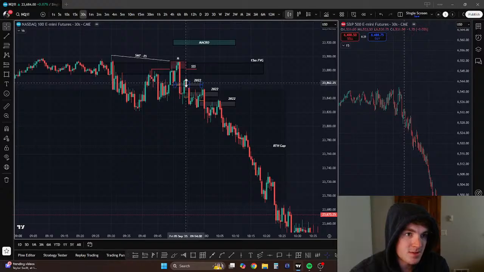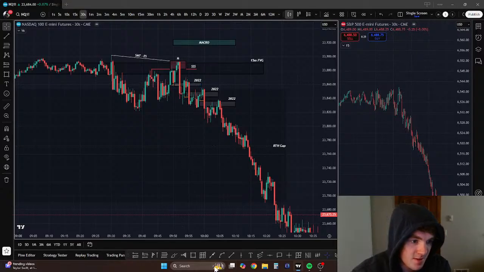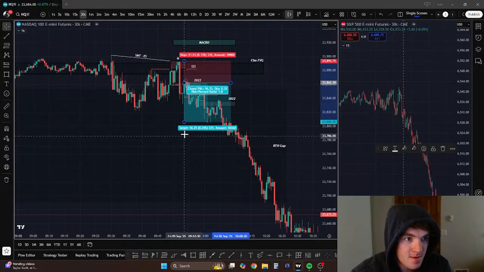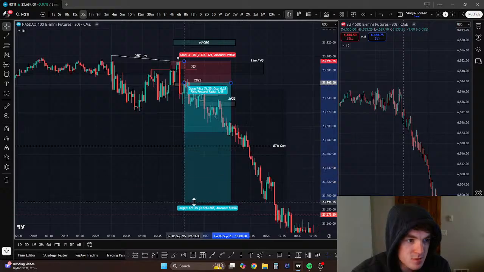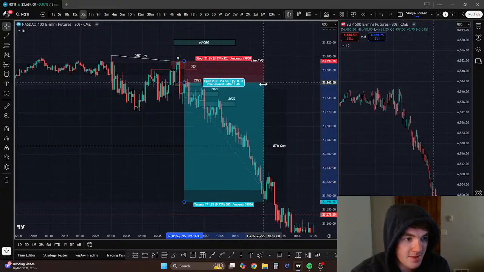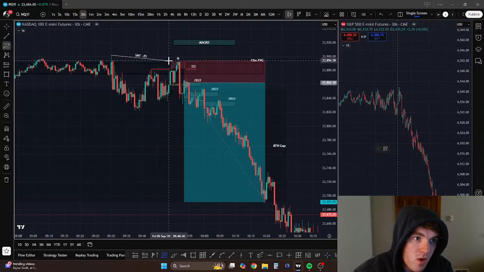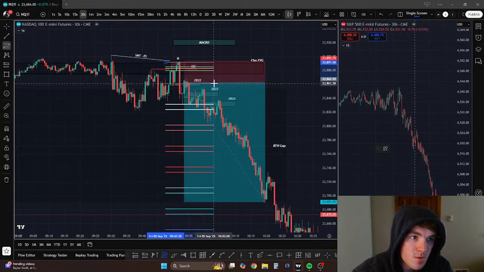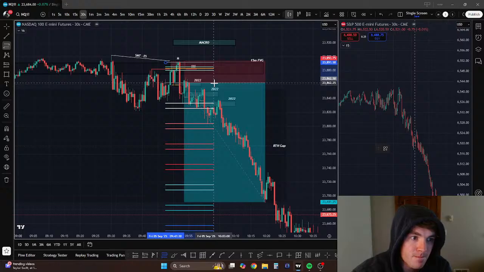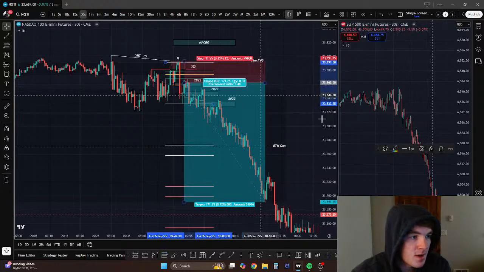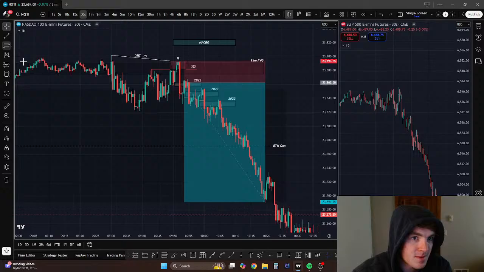Yeah, so 9:53, 2022 gap. And yeah, this would be a 5-to-1 if you took this as a 2022 model. Oh yeah, I was gonna measure this out from high to low and see if we hit equilibrium.